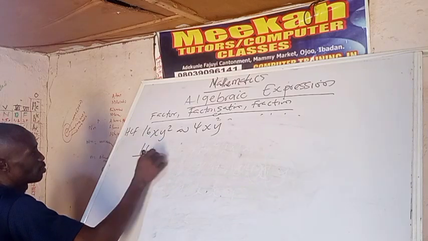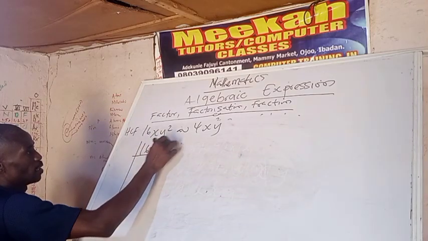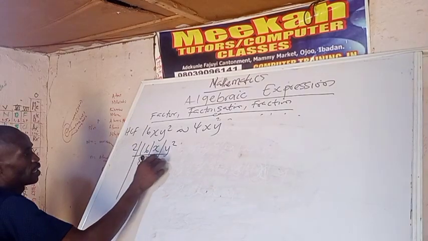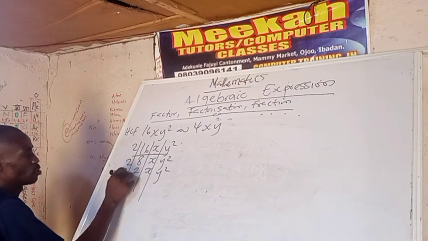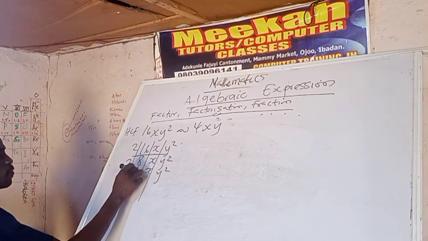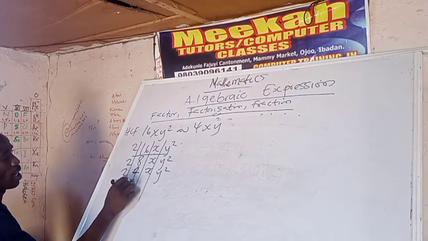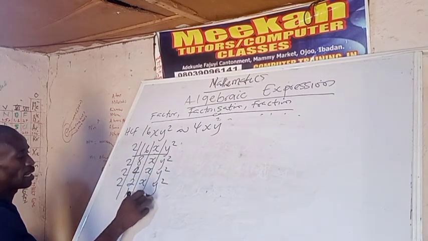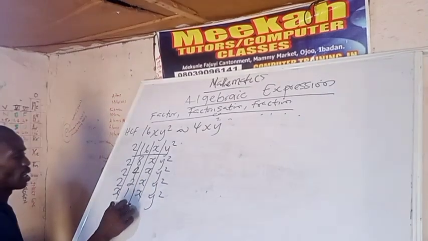To find the HCF, another method that you can adopt here is to say 16xy squared. 2 here, what do you have? 8xy squared. 2 here, we have 4xy squared. 2 here, you have 2xy squared. 2 here, you have 1xy squared. Then x, when x goes here, what do you have? 1.